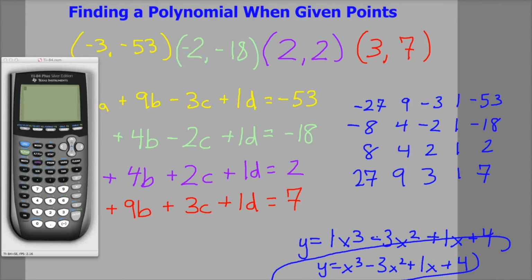So let's do that. So where do we go? We will go to the list, wherever you enter in data. Put your x's on the left and your matching y values on the right. Make sure they're matching. If they're not, it won't give you the right answer. So from here, I'm going to quit out. Then I'm going to go back to my stat button. Go over to calculations. And since we know that it's x to the third power, we're going to do a cubic regression. There it is right there. Make sure that you're picking from the correct lists.